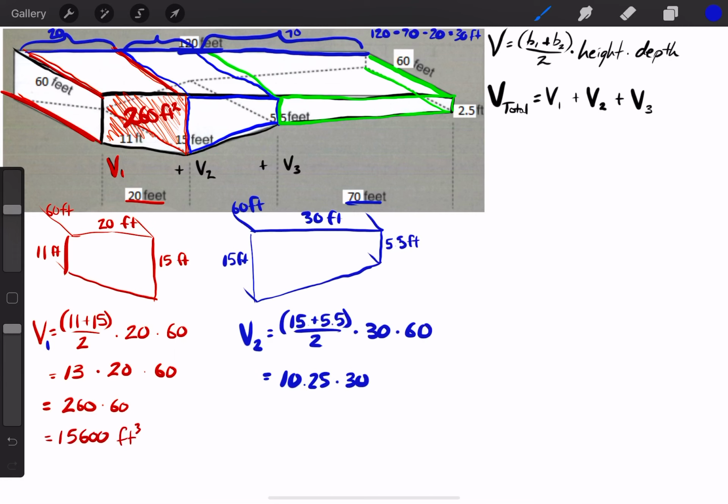We're going to multiply that by 30 times 60. Again, just to illustrate that surface area point, if I multiply our first two numbers together, that's our surface area number for that actual face. And then we're taking that number and multiplying it through a depth of 60 feet for a volume on that piece of 18,450 cubic feet.